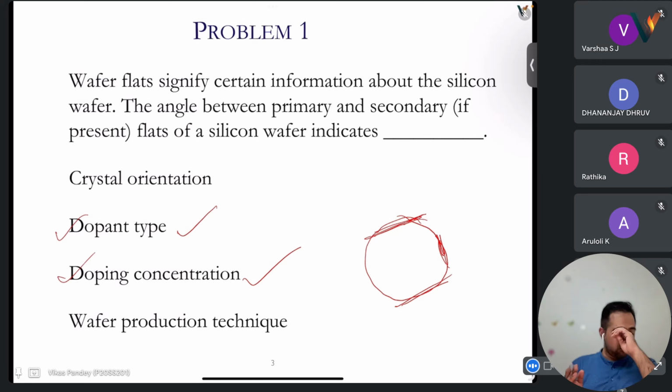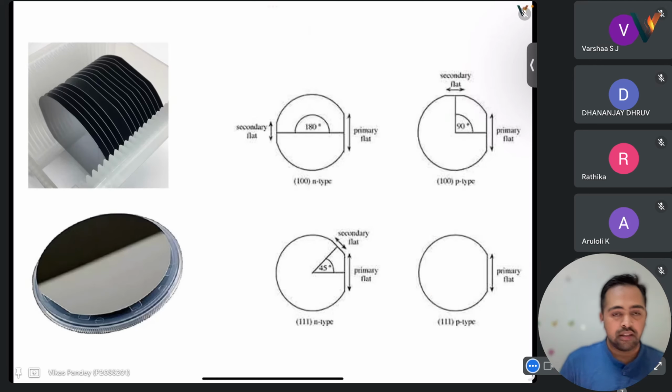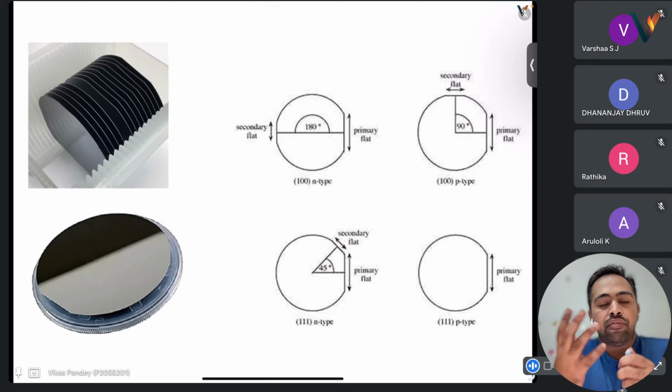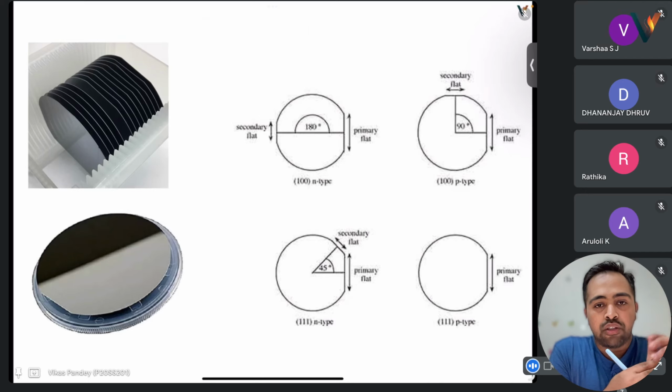Okay. So let's go to C. You remember this, I showed you this in the previous class also. So generally, when we procure the wafer, there are two things you will see. First is that they are circular in shape, and there is one polished side.